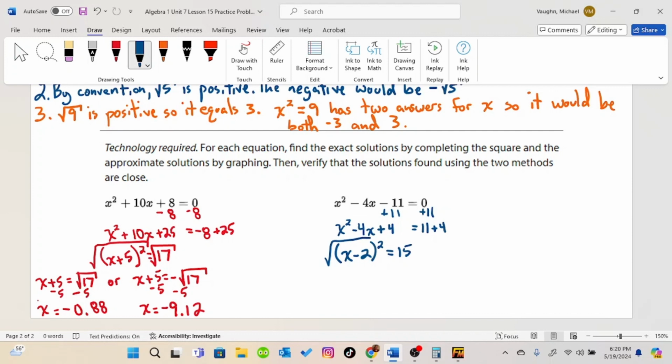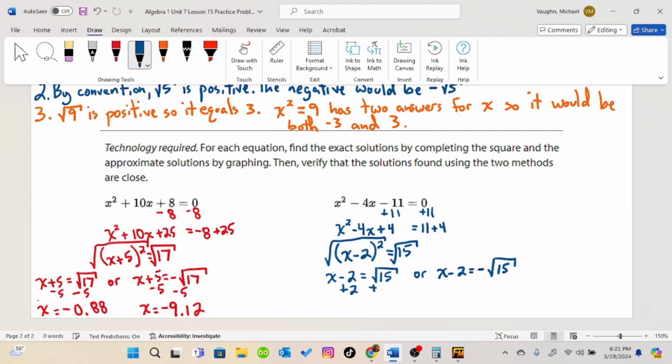Now we're going to take the square root of both sides, and that gives us x minus 2 equals the positive square root of 15, or x minus 2 equals negative square root of 15.